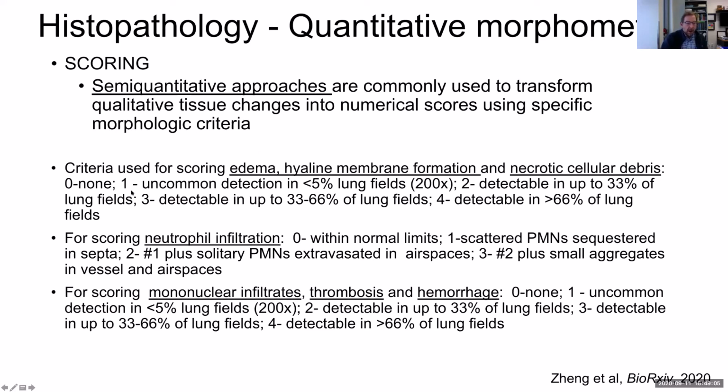So I've listed an example here from some recent work we did with the K18 mice, where, for example, if we're looking at edema, hyaline membrane formation, and necrotic debris, the scoring is looking at 200x magnification and then quantifying how often these things are appearing in those fields, and so on, for neutrophil infiltration or other types of lesions you might think are important to note.